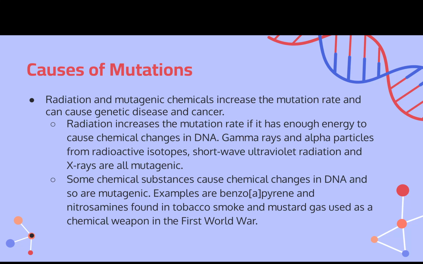Obviously we know that smoking eventually leads to cancer. It is basically because of these two chemicals, which cause chemical changes in our DNA, cause mutations, and therefore cause an extreme division of your cells, which will therefore cause cancer.